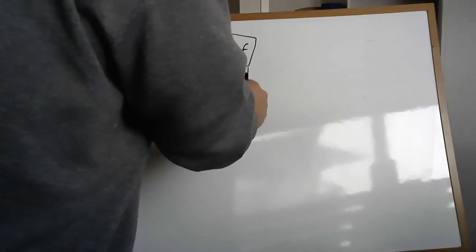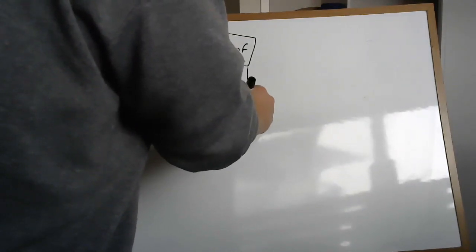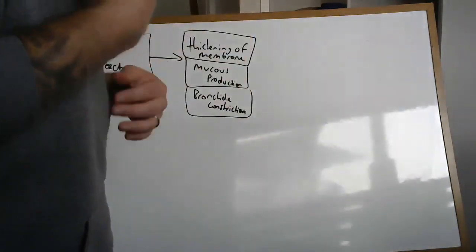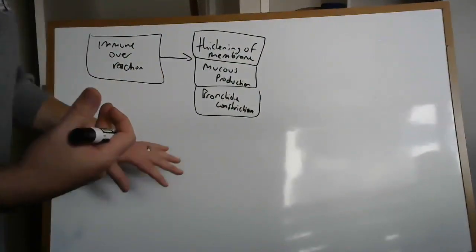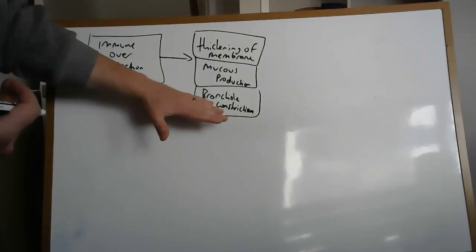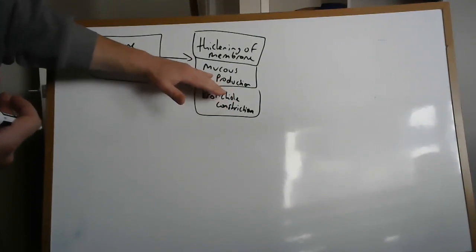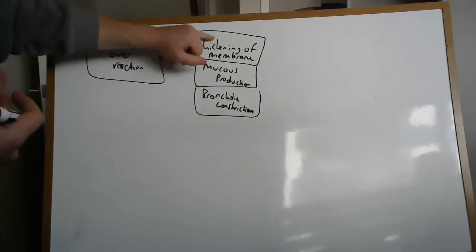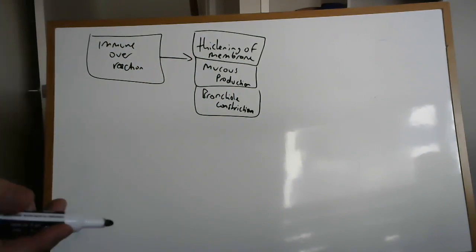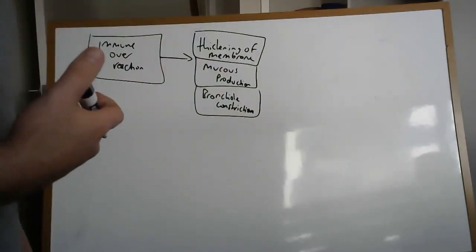So you ever see someone having an asthma attack? They can't get any air in because everything has been constricted, and then any air that does get in gets trapped in all the mucus, and the membranes get so thick that no oxygen can actually pass through it, or no CO2 can come this way.